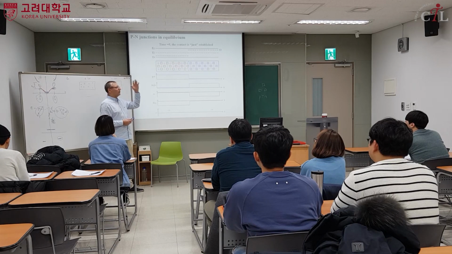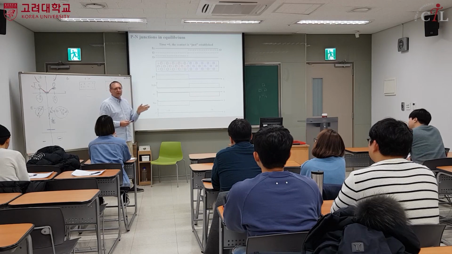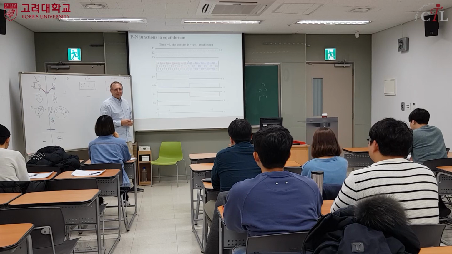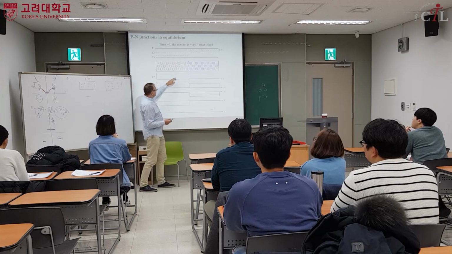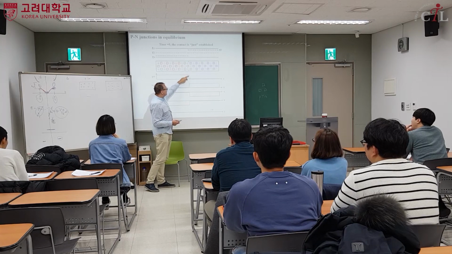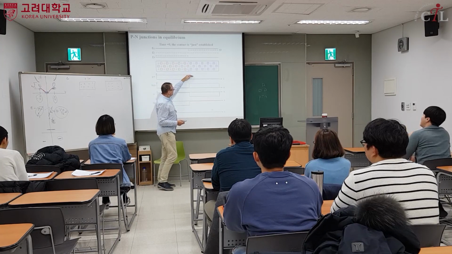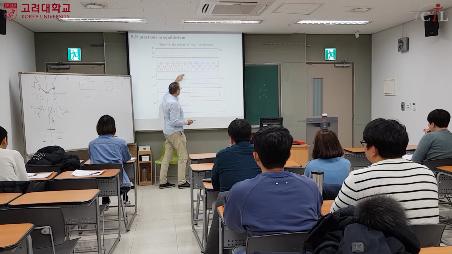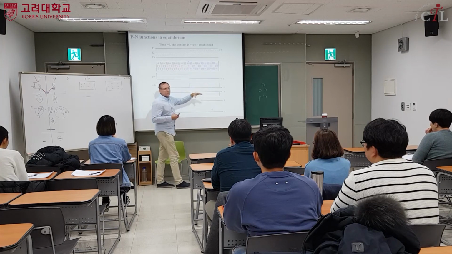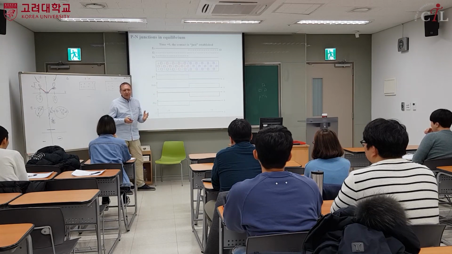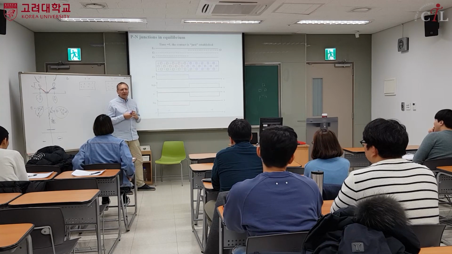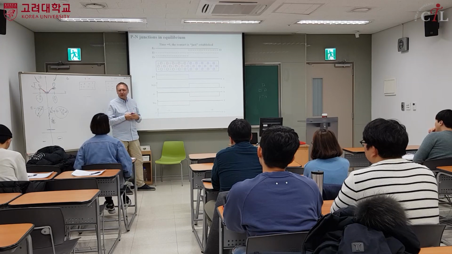Will it continue forever, or is there some parameter that stops this diffusion? Have you thought about that? Once again, there is a concentration gradient: more here, less there, so particles just start to diffuse. But will they diffuse forever, or will they stop diffusing? This is the question, and that is the basic idea of how a p-n junction is established.